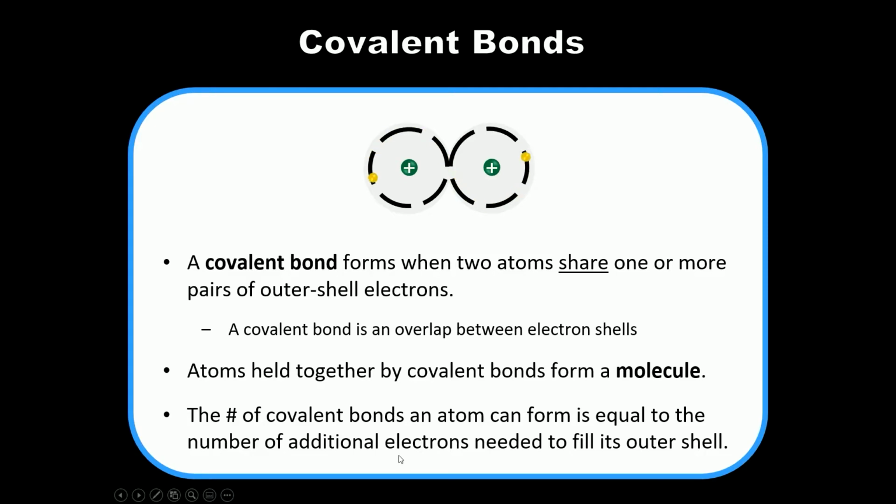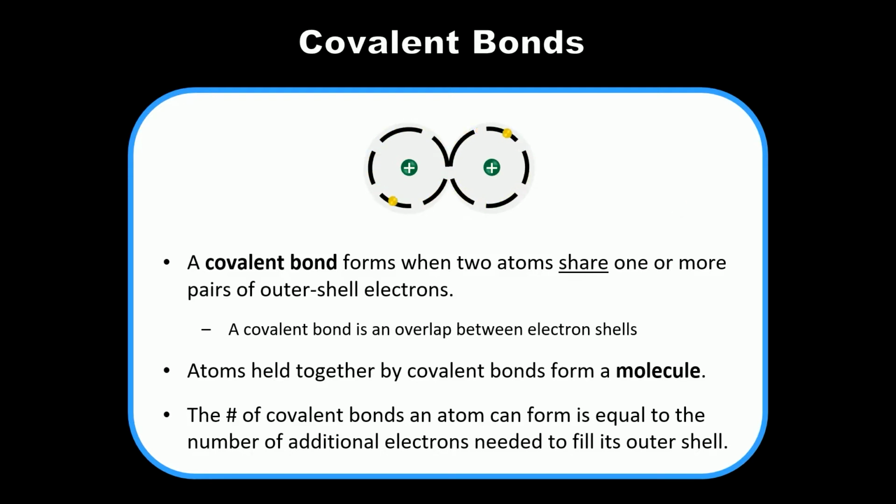The number of covalent bonds that any given element, any given atom can form is going to be equal to the number of additional electrons it needs to fill its outermost shell. So I wasn't teaching you about the structure of electron shells for no reason. You really do need to know that 2 electrons can fit into the first shell, 8 electrons into the second shell, and 8 electrons into the third shell.